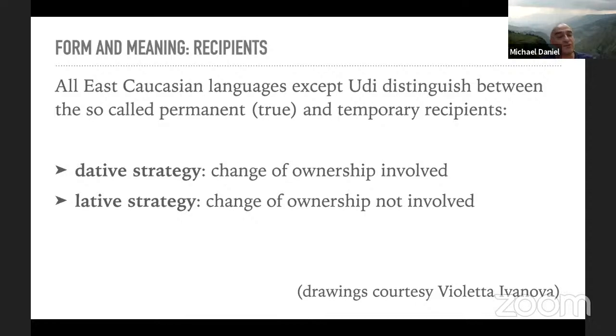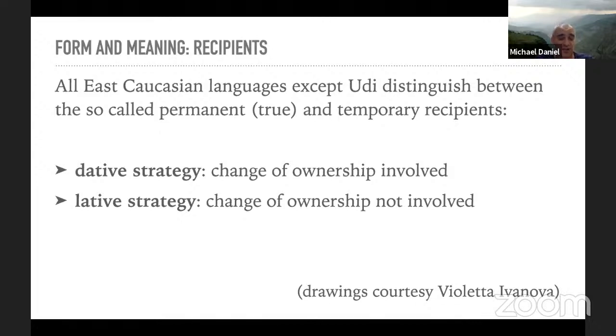And they use 2 different strategies depending on which recipient is there. Until very recently, there were not so many grammars that mentioned this distinction between temporary recipients and permanent recipients. Now they are appearing, but it's ubiquitous across the family.